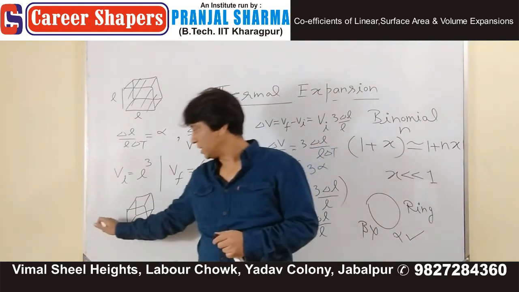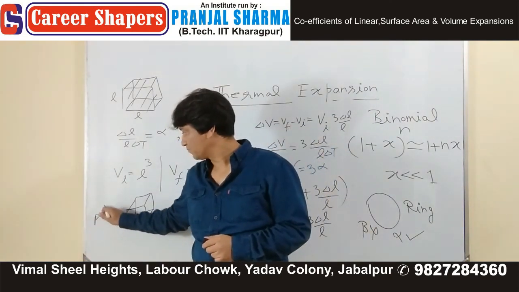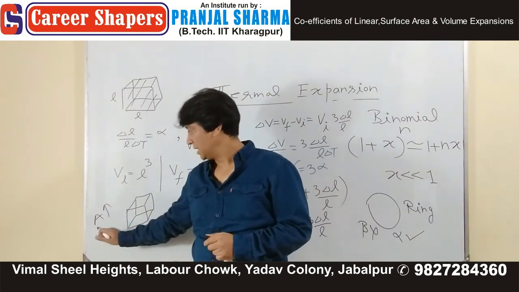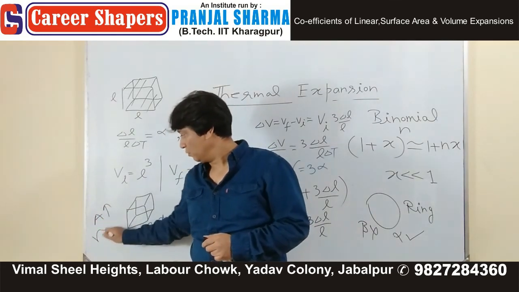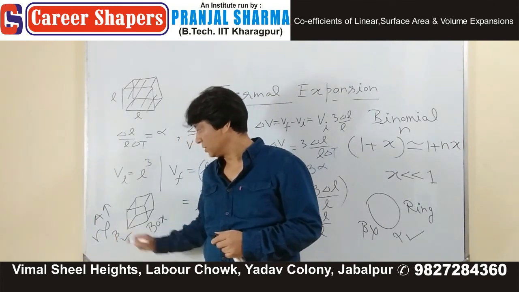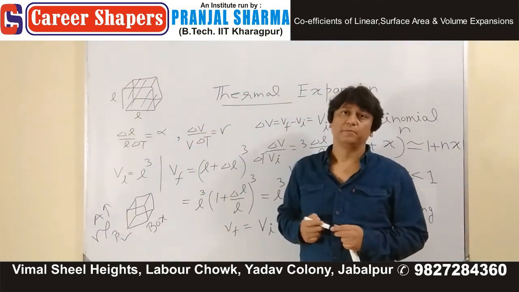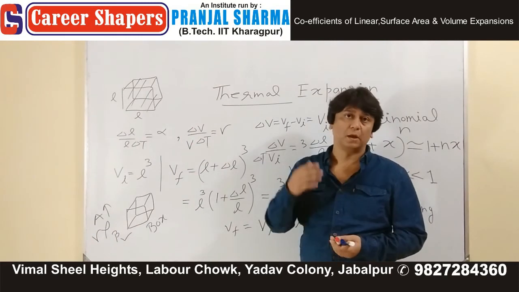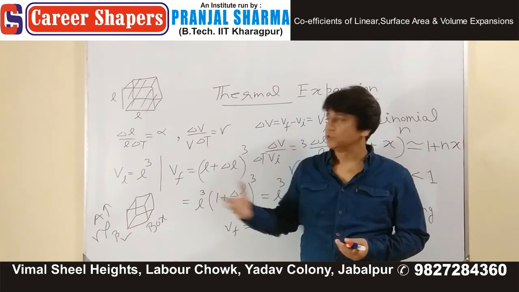For a box, we are increasing the surface area, and therefore we will not choose gamma, we will go for beta. Let me give you a visualization of this.